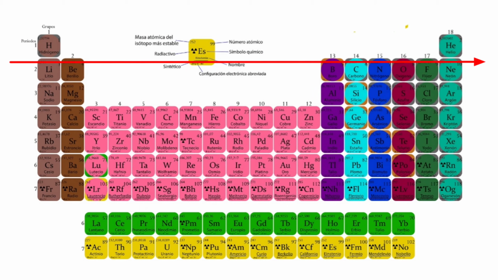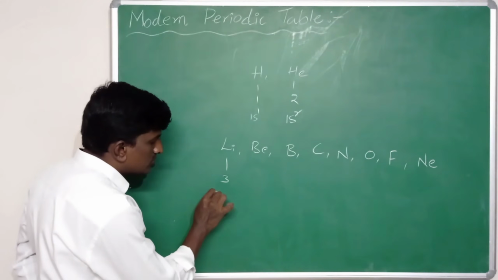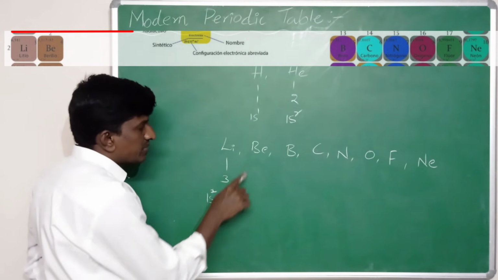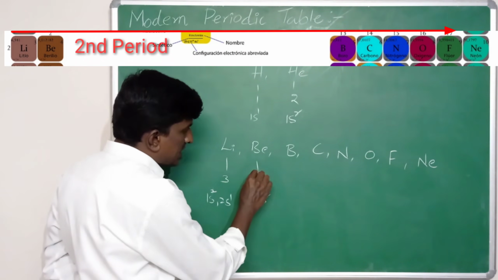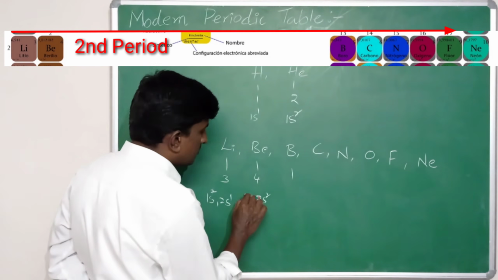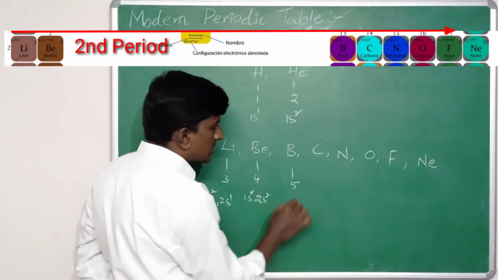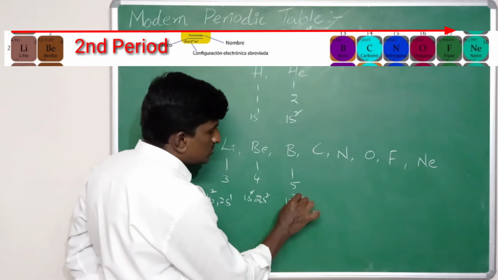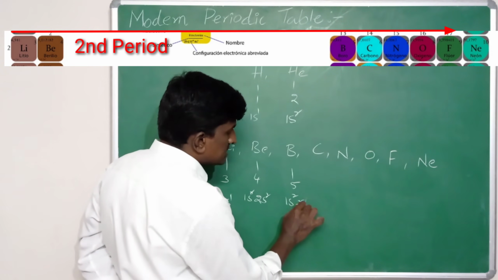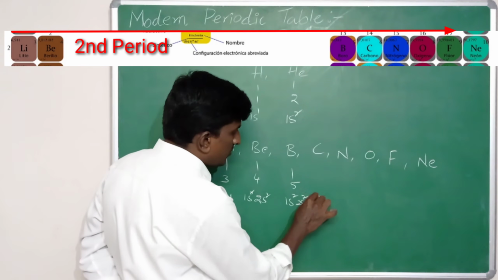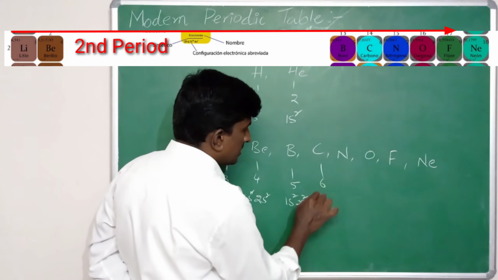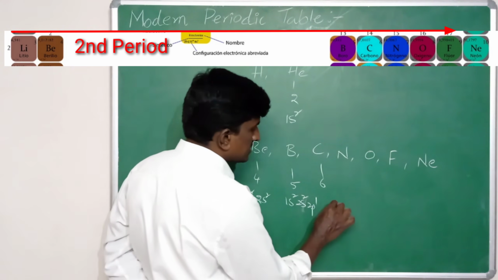For example, the atomic number of lithium is 3, so 1s2, 2s1, and beryllium, its atomic number is 4, 1s2, 2s2, and boron, atomic number is 5, 1s2, 2s2, 2p1.